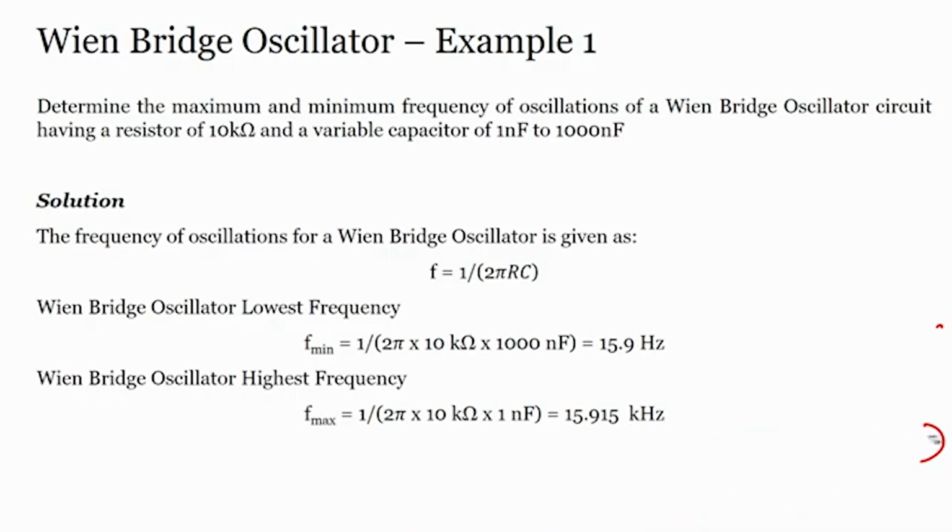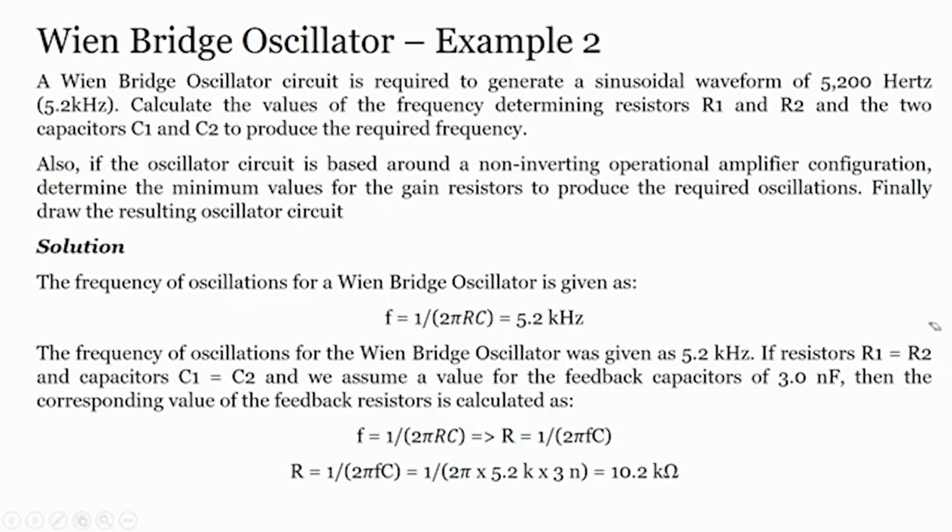So, let us go to the next slide, and the next slide is our second problem, example 2. We are making the example a little bit tougher, let us see what the question is. The question is that a Wein bridge oscillator is required to generate a sinusoidal waveform of 5200 hertz, or we can say 5.2 kilohertz, right.